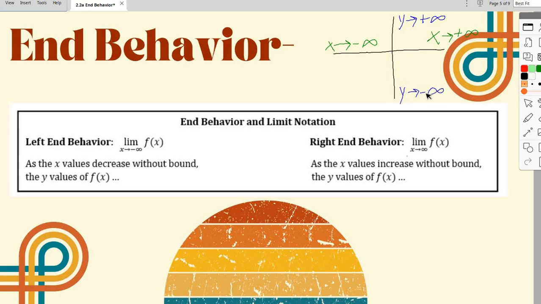Negative. Yes? So these are going to equal either positive or negative infinity. If it points up, it's going to equal positive infinity. If it points down, it's going to equal negative infinity. And you are going to be expected to use this notation on your test. So you might practice it on your homework, just to make sure you're using the right notation.